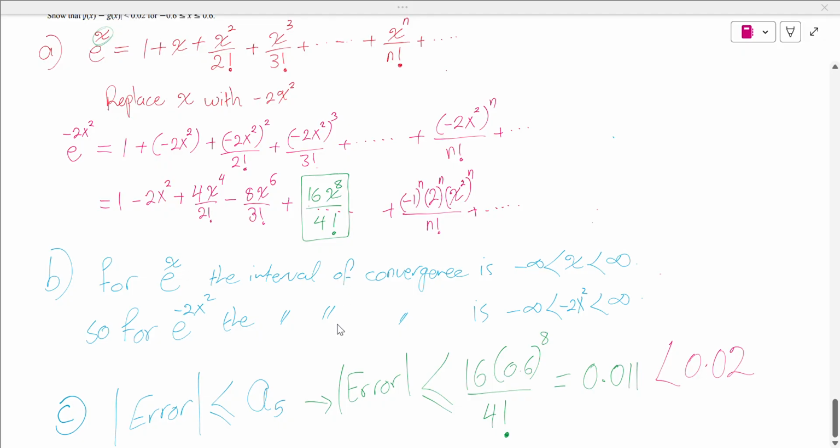So terms are decreasing in absolute value. That means it converges. So this is what you need to do. Correct conclusion: the error is less than 0.02. And 1 point for using 0.6, and 1 point is for using the fifth term. All good?